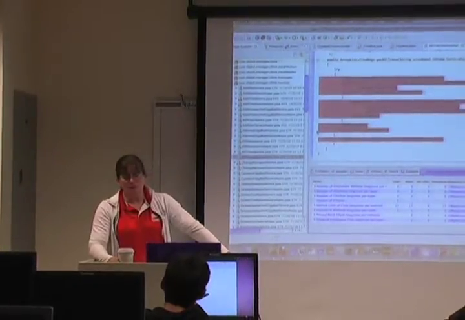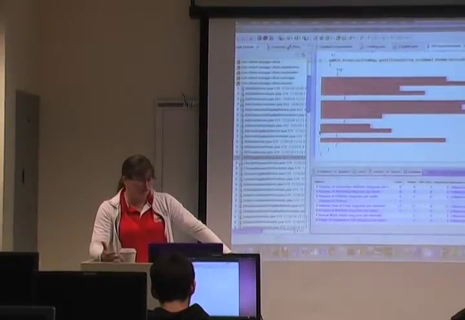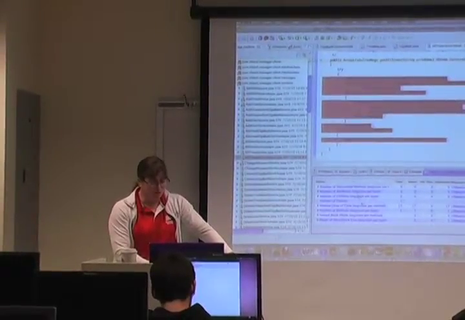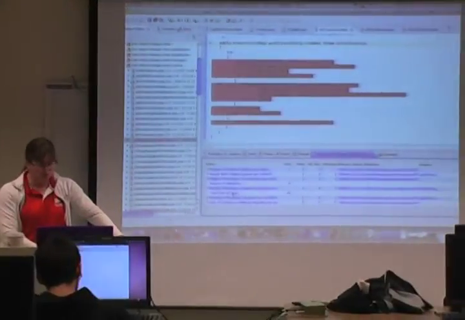Yeah. Code metrics are statistics about the code that you've written. The most common, the one that he's referring to, is total lines of code.